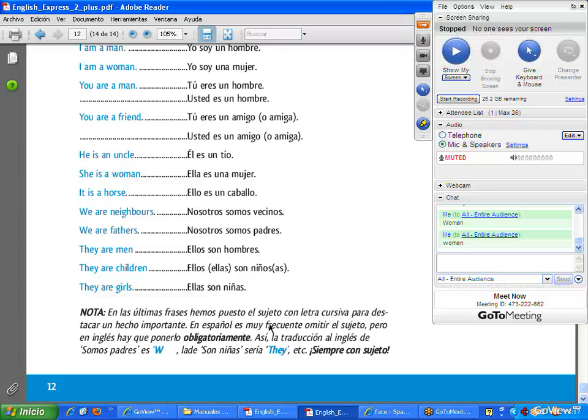It is imperative, it's obligatory to include the subject pronoun. They are children. In Spanish you can say son hombres. You don't need to say ellos son hombres. But in English, we have to use they, we, it, siempre. We always have to use the pronouns.